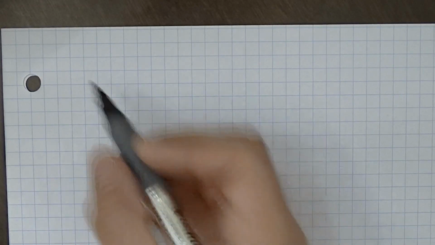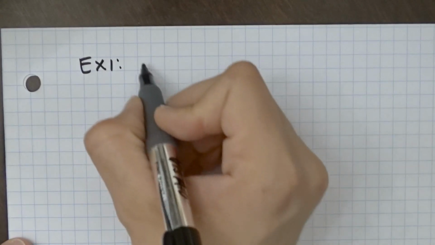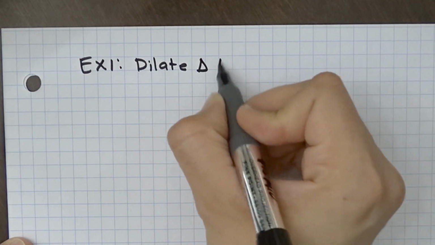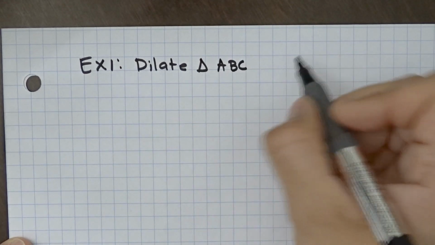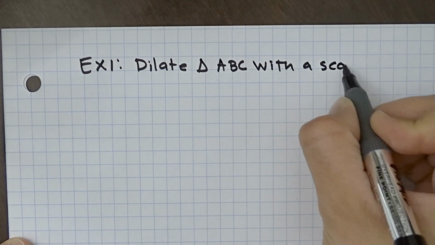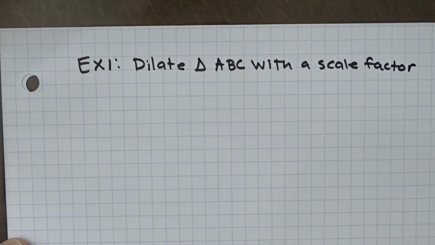All right, so let's look at the first example. We're going to dilate triangle ABC with a scale factor of 3.